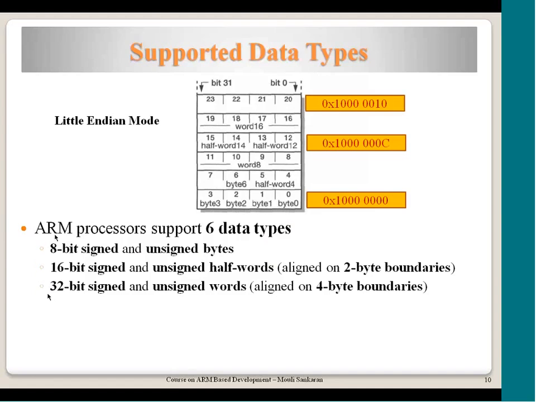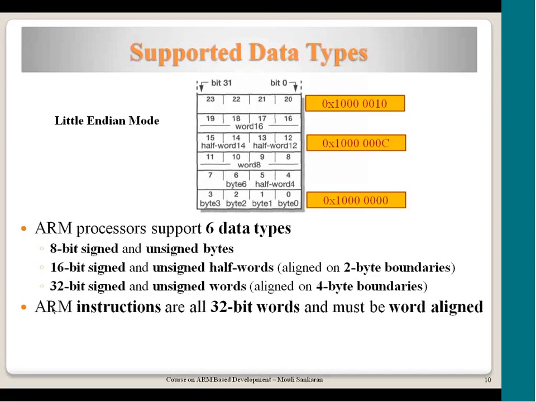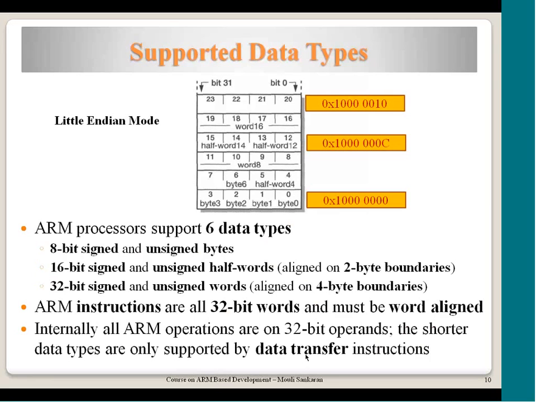It is only when you want to store or load from the memory. Any data in the memory could be of any of these types, but once it comes into the registers, it is extended to 32-bit words. Internally ARM reads or operates on 32-bit values.